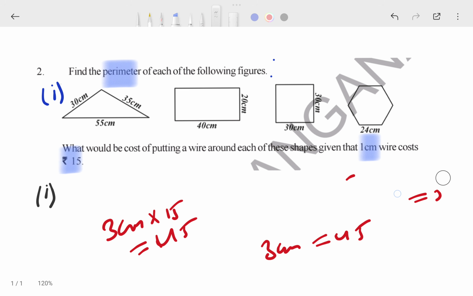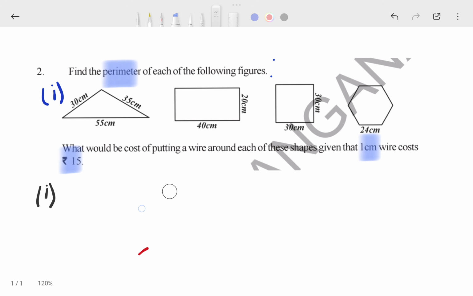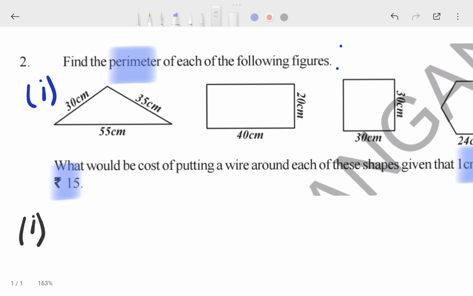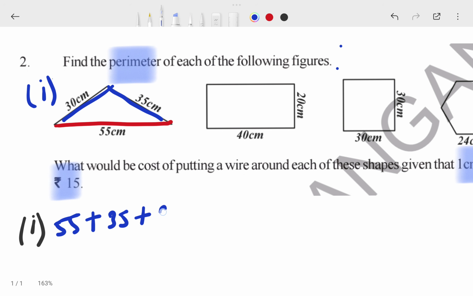Now, let's first find the perimeter of this one. To find the perimeter, we have to add. How much is given? 55 centimeter plus 35, plus this one, which is 30.